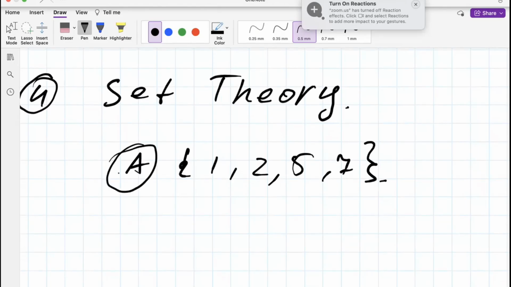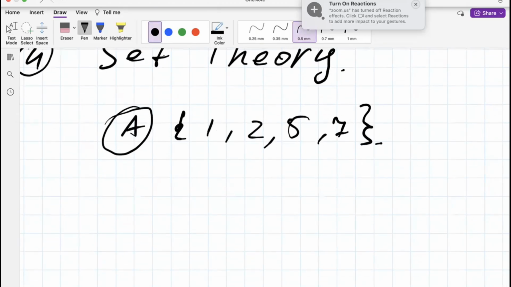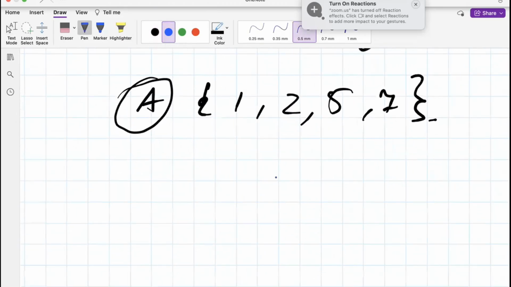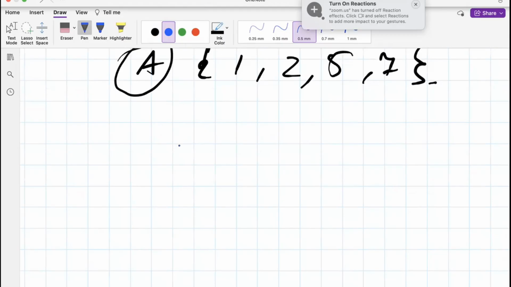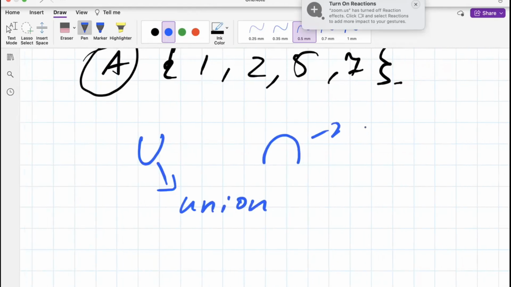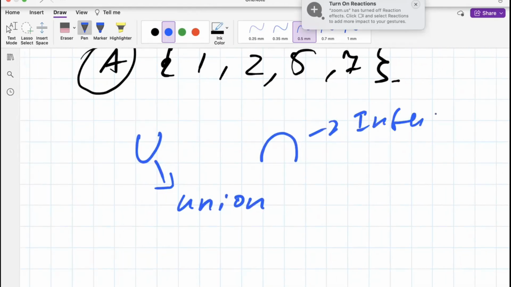And you should be able to work with sets, usually with connectors. In this case, you use conjunction and disjunction. Basically, instead of these difficult words, you can use union or intersection. So this is an easier way to understand it. So this sign is for union, this sign for intersection.